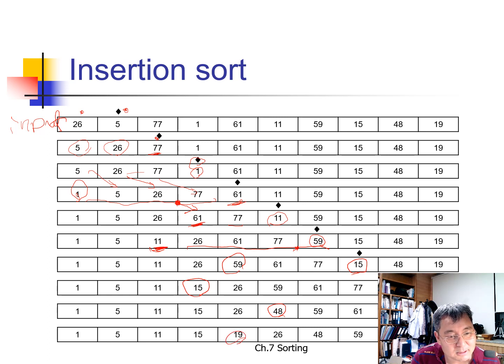This is the last element in the input data, and this is the result output of the insertion sorting method. So you can understand how to sort using the insertion sort method if you are given some data set. Okay, yes, I think that's enough for our class.